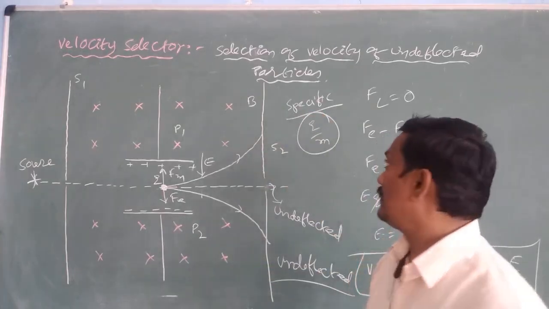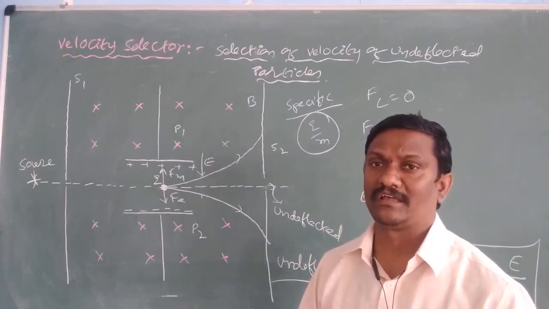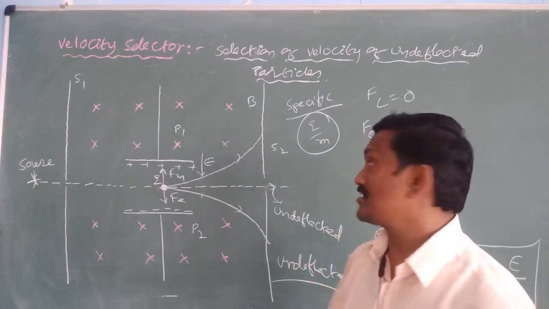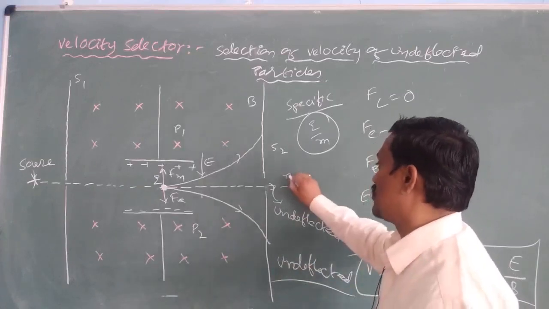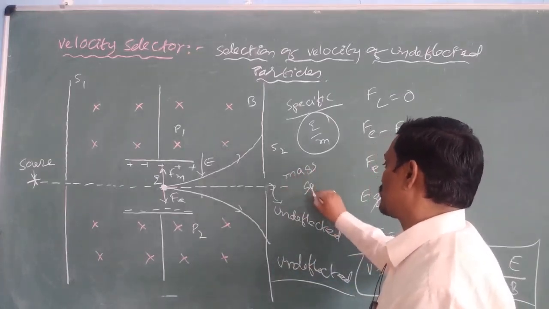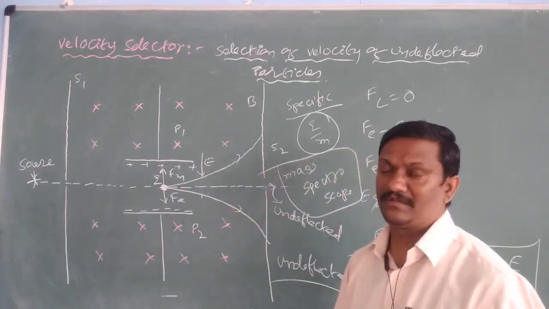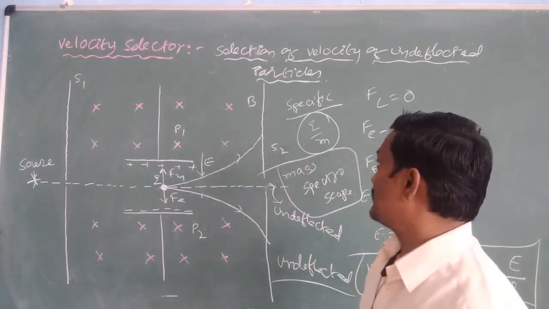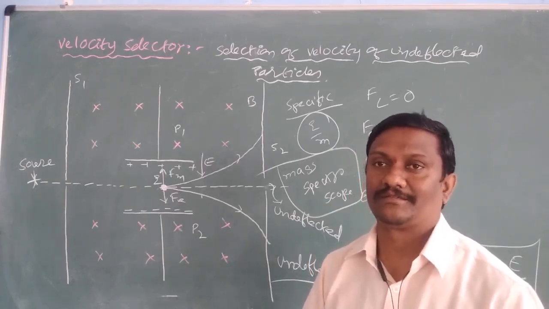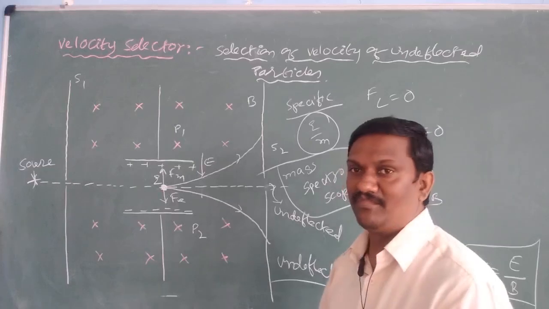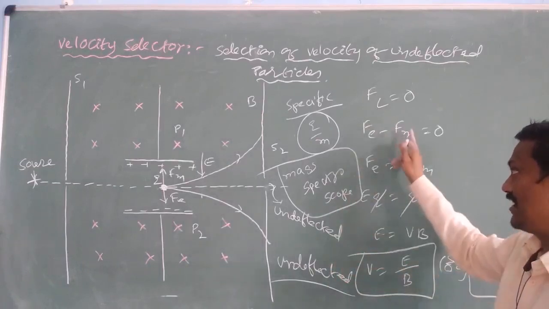So one use of the velocity selector is that we can find the specific charge of charged particles, q by m, or the specific charge of an electron, e by m. This phenomenon is used in the mass spectroscope. So that is a very important concept: the velocity selector, its formula, diagram, condition and uses.